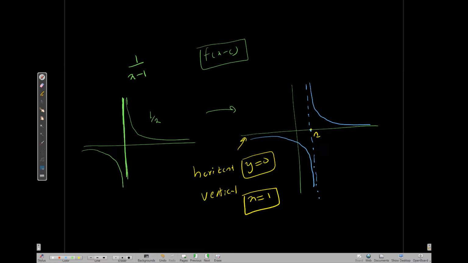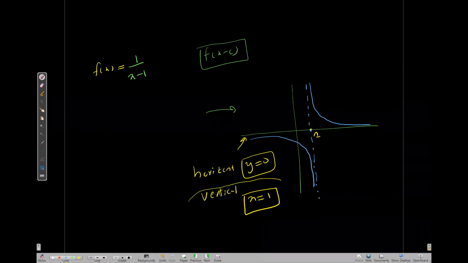Now let's investigate a little bit more into this function. Now we found these asymptotes by actually drawing it. Can you do this without drawing it? Well, yes, of course you can. Now this guy, let's say f of x. If you look carefully, vertical asymptotes are the places where your function goes to infinity.